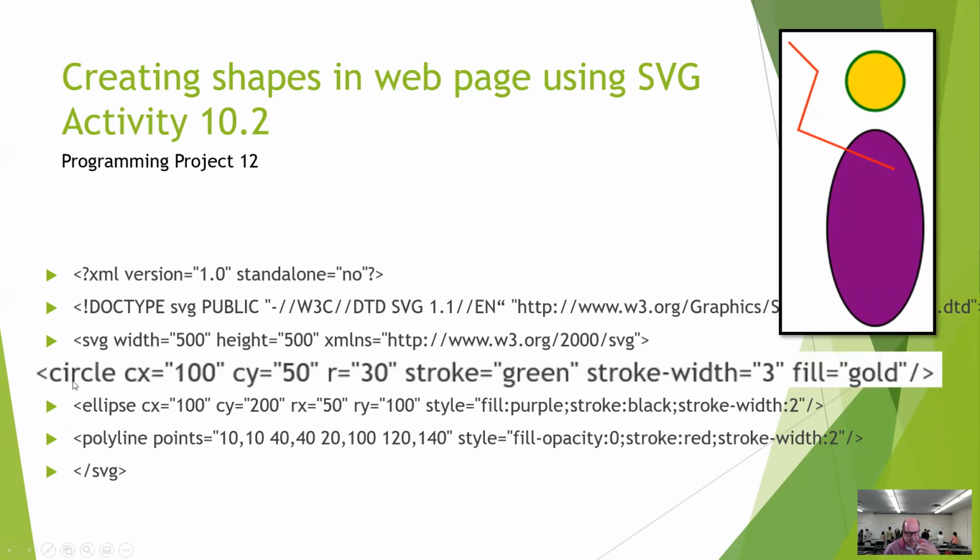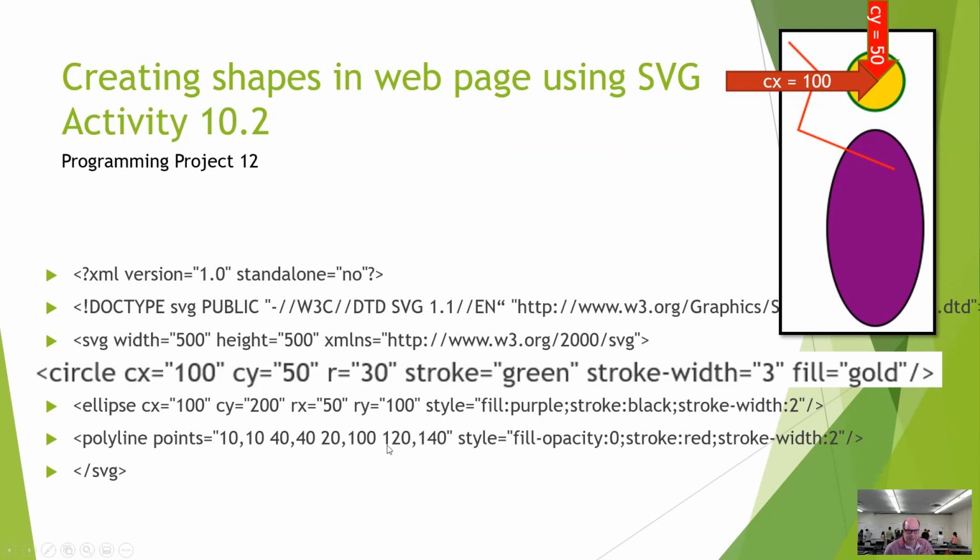These are coming from SVG, so I don't have to worry about how to write the code. SVG is going to take care of it. I just have to know how to use it. So here I have a circle. For the circle, all I need is the center and the radius. So I'm putting the point for the center, 150, and then the radius of 30.